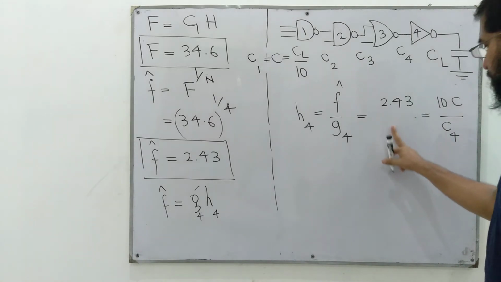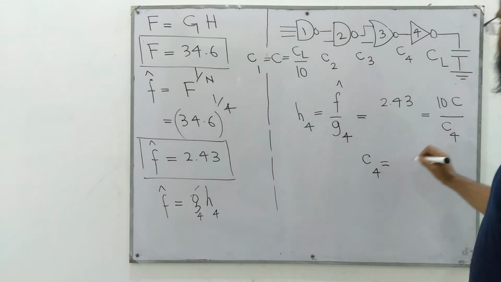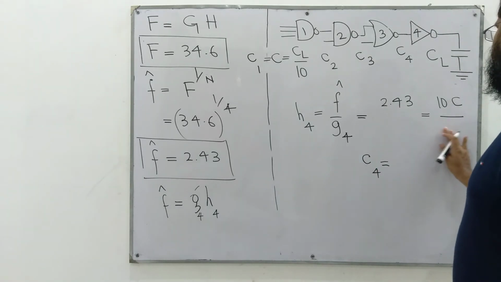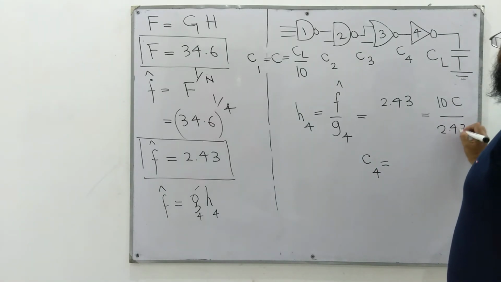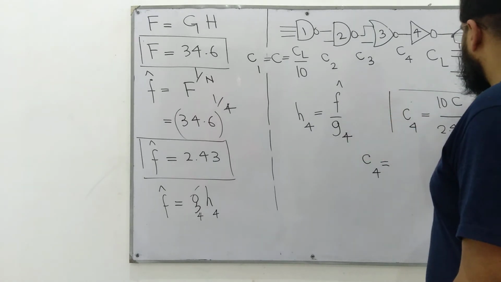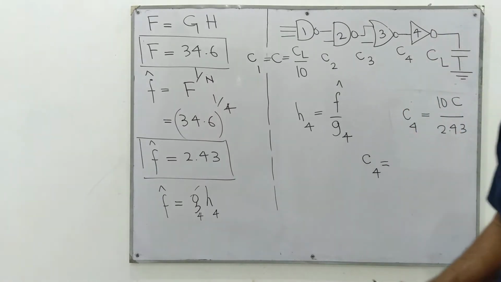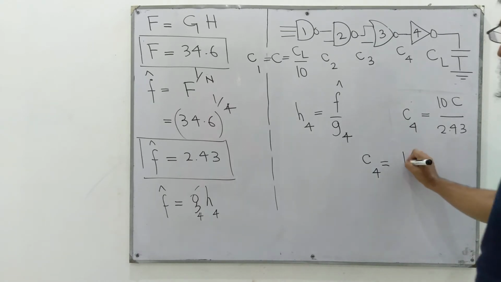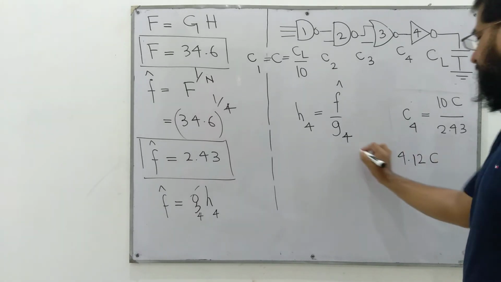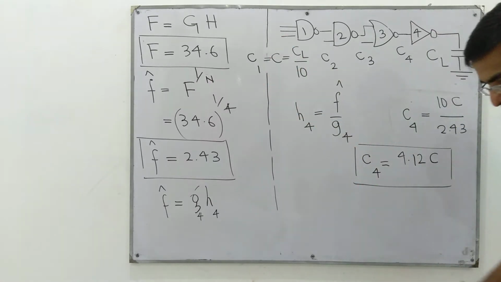It's 2.43 over 1 means 2.43, and C4 is 10C divided by 2.43. So C4 is 4.12 times the reference capacitance, that is the input capacitance of the first gate.